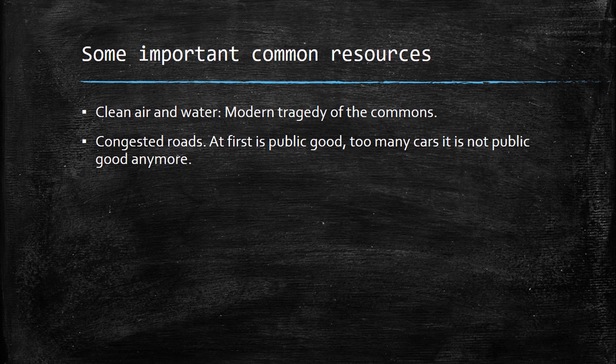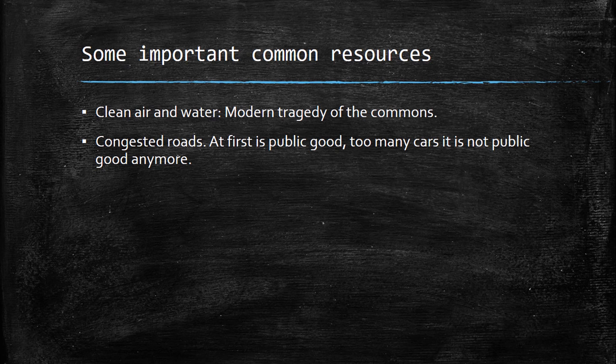Another example is congested roads. At first it's a public good. When you go really early in the morning, 4 a.m., in different cities, for example my city, Bogota, Colombia, where we are 8 million people, if you drive at 4 a.m., this is a non-rival and non-excludable good.